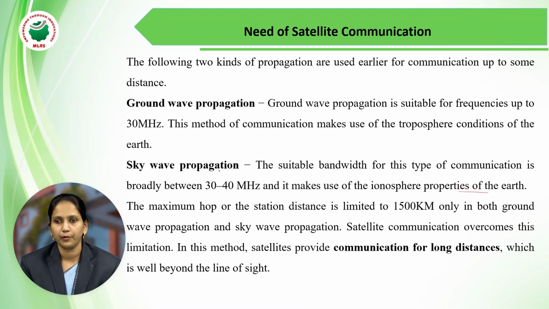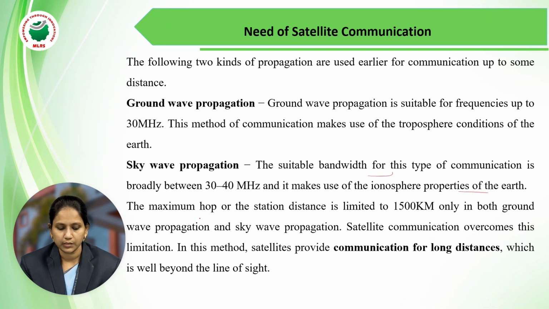The first is ground wave propagation. Ground wave propagation is suitable for frequencies up to 30 megahertz. This method makes use of the tropospheric conditions of the earth. Next, sky wave propagation: the suitable bandwidth for this type of communication is broadly between 30 to 40 megahertz, and it makes use of the ionospheric properties of the earth.